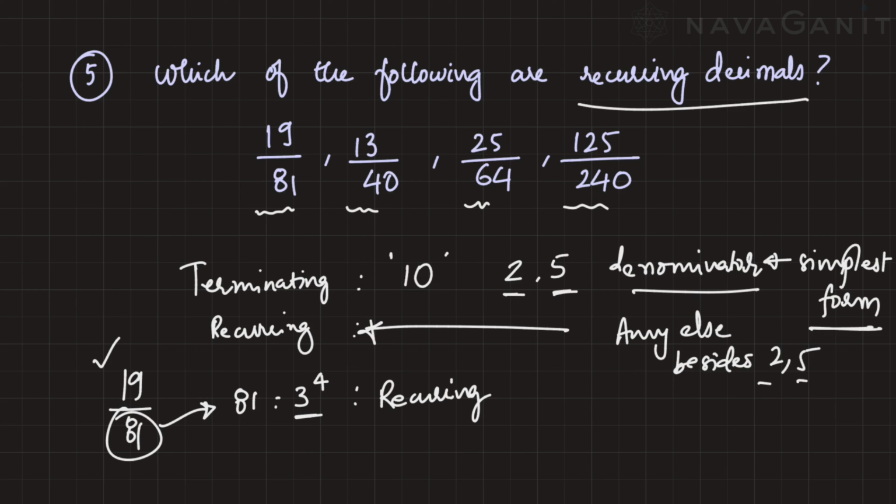Next we have 13 by 40. This is also in its simplest form, and we don't bother about the numerator, we just check the denominator. So the denominator is 40. 40 is nothing but 8 multiplied by 5, that is 2 cube multiplied by 5. So it has only 2 and 5 as the prime factors. So this is terminating.